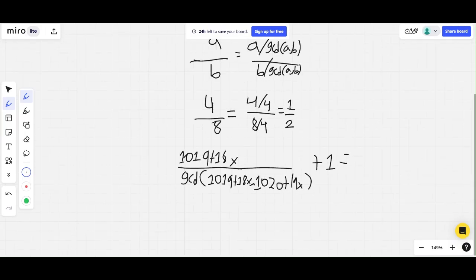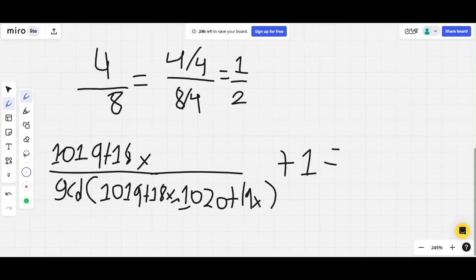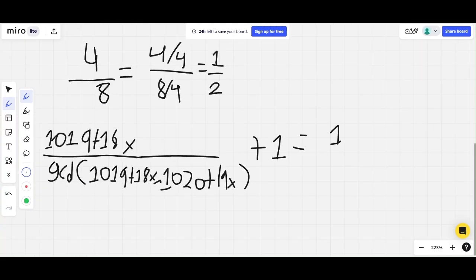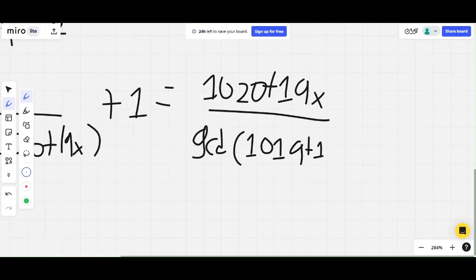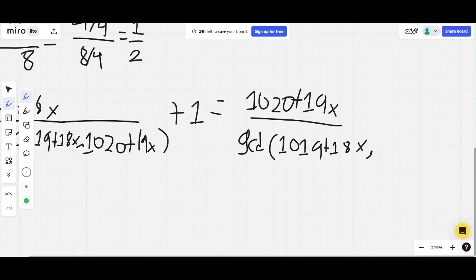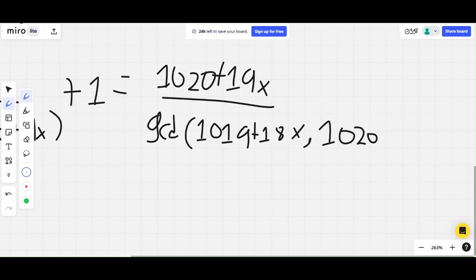That's our numerator when fully simplified, and that equals (1020 + 19x) over the greatest common divisor of, again, the same two numbers, 1019 + 18x and 1020 + 19x. Okay, so we have an equation to work with.